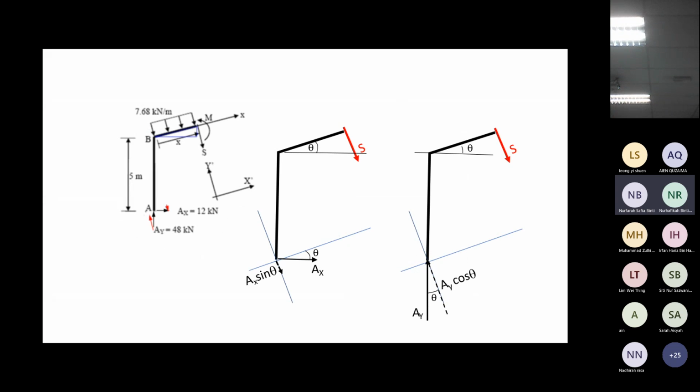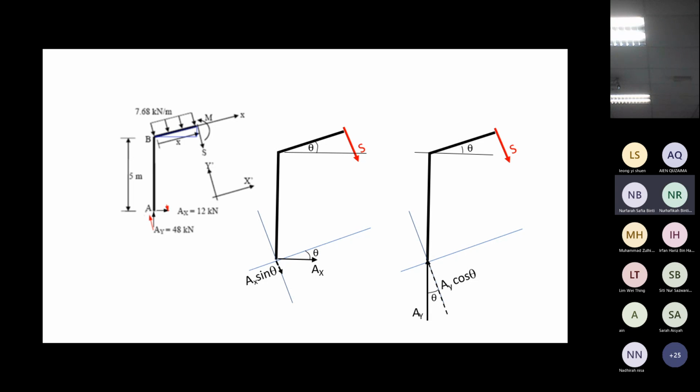Then this is the slide that I'm going to share with you on how to calculate that. You should always draw this line which is parallel to this member, and this line which is parallel to this member direction of the S. Then if this is theta, this should be theta. To get this component, after you draw this line, follow this component.